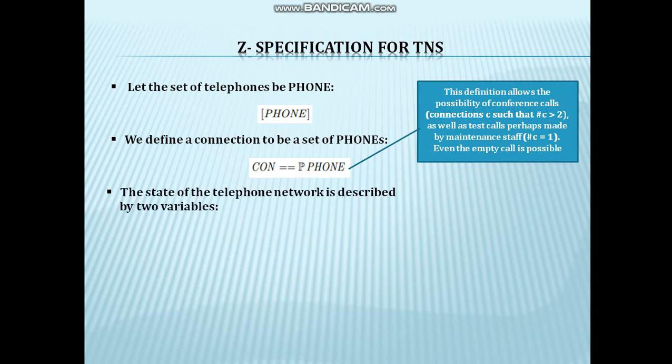The state of the telephone network is described by two variables: request and cons. Request is a power set of con, and cons is also a power set of con.